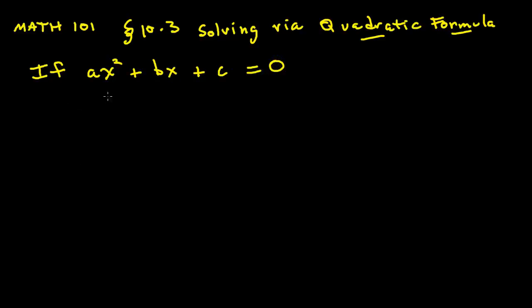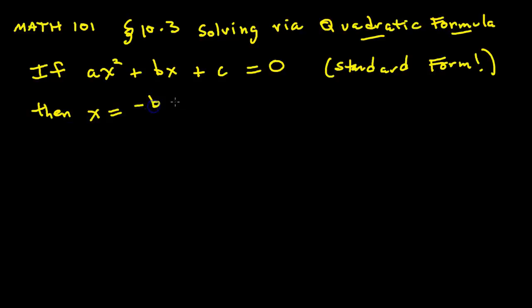I've arranged terms in decreasing degree on the left-hand side and, importantly, equal to 0 on the right-hand side. If I have a degree 2 equation in this standard form, and it's got to be in standard form for this to work, then I can write down solutions for x according to a somewhat simple formula.